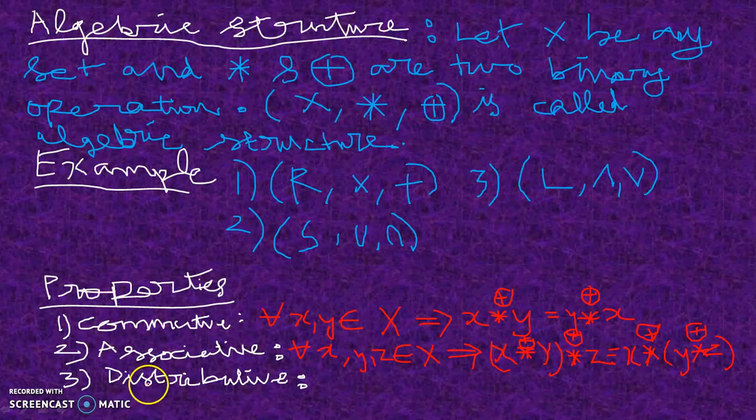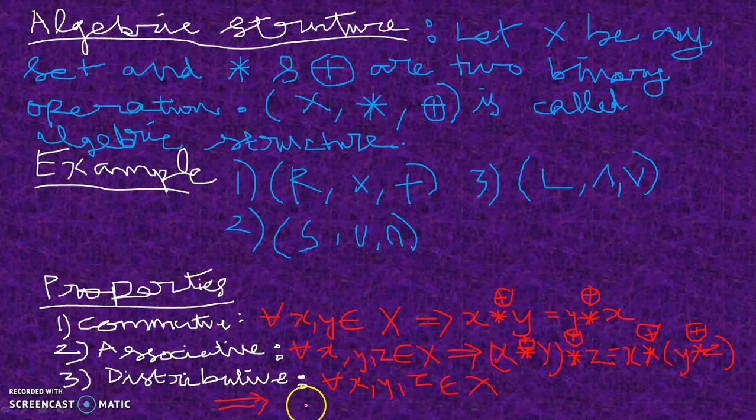Right. What about the distributive property? Okay. Distributive property means what? Now I'll take the three elements again, for all x, y, z belonging to the set X as we define the algebraic structure, implies, okay, what does it imply?